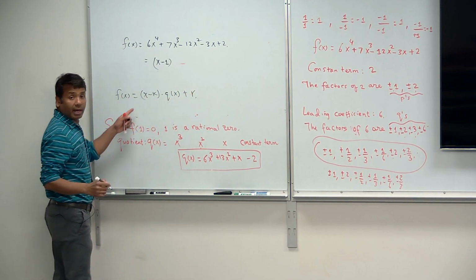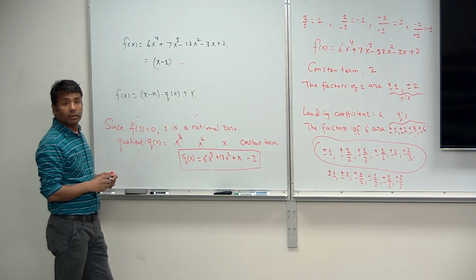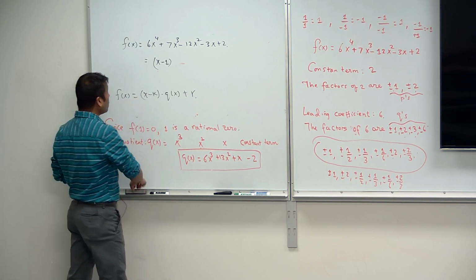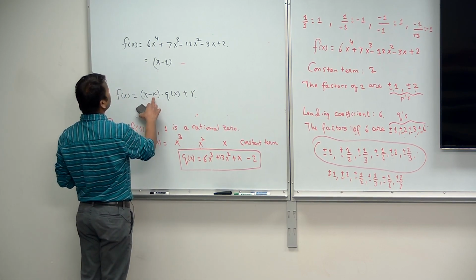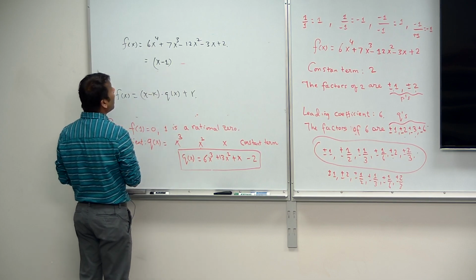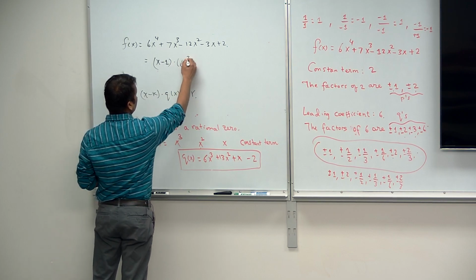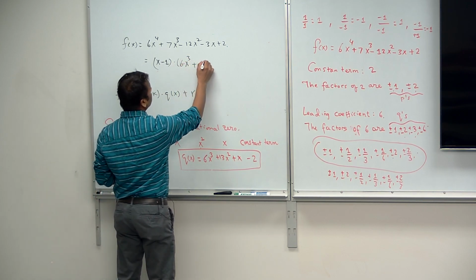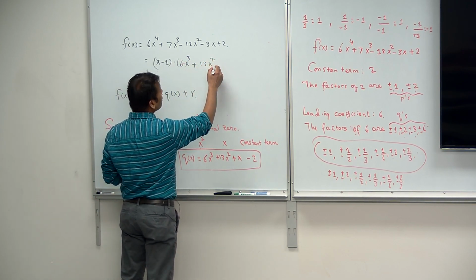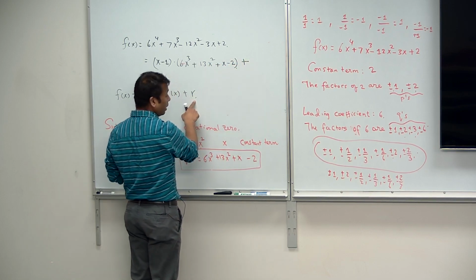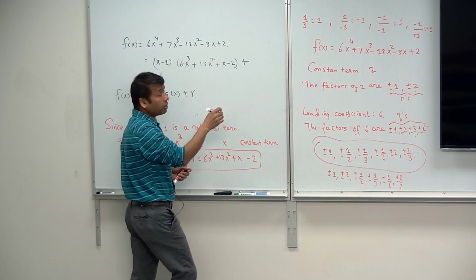You remember we did that. So this is the division algorithm. In place of k you have a 1. So x minus 1 times your quotient, 6x cubed plus 13x square plus x minus 2, plus your remainder is 0. You remember you got a remainder 0, right?